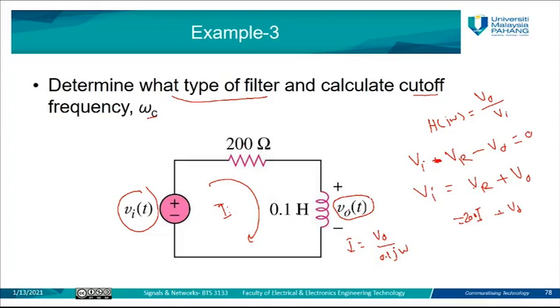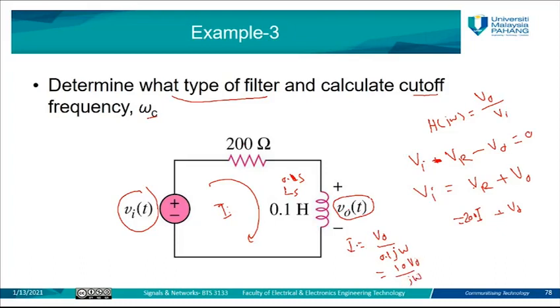Why 0.1 J omega? Because this L will be changed to LS, or 0.1 S, in the frequency domain. So that means I will equal V out over 0.1 J omega, or 10 V out over J omega.